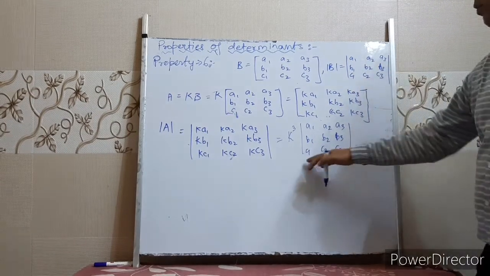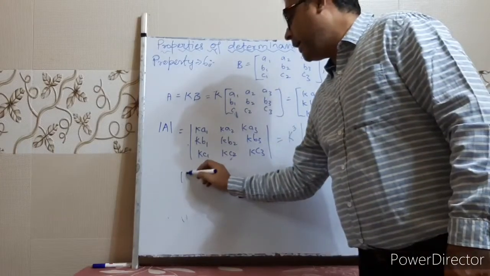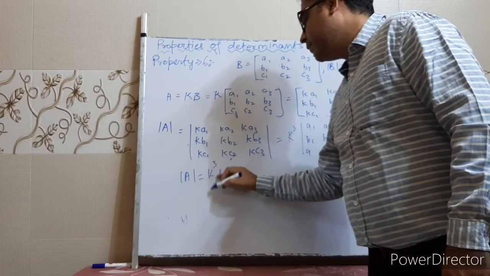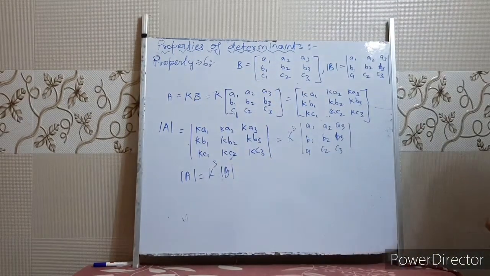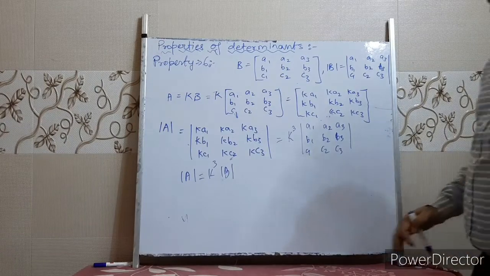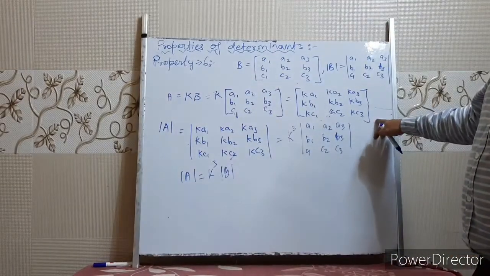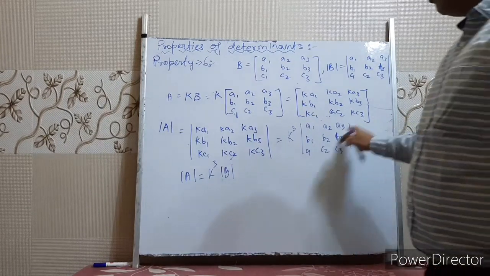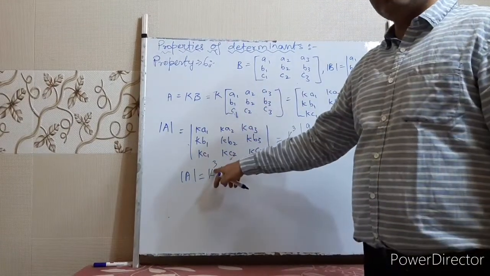Right, children? Now this is what? This is determinant B. So determinant A can be written as K cube times determinant B. Right, children? So we can say that if the order of the determinant is n, here I have taken a 3 order matrix, so we are getting K cube.